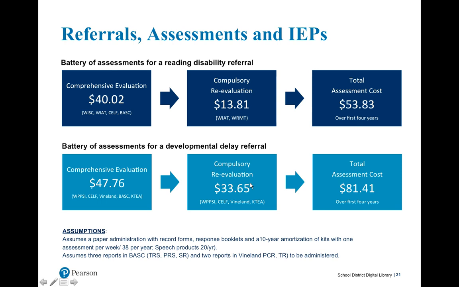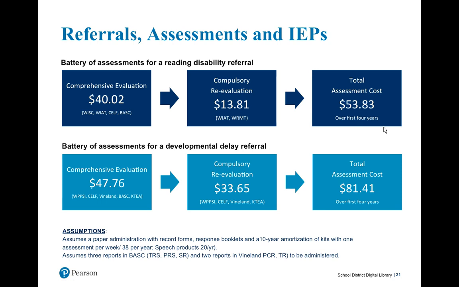Here we have the initial evaluation and the reevaluation, and what was that actual cost? And so you can see that summed up over here over the course of the first 4 years, on a per evaluation basis.